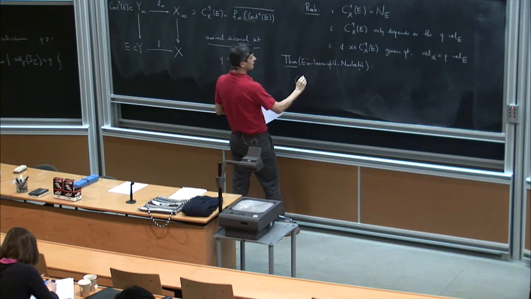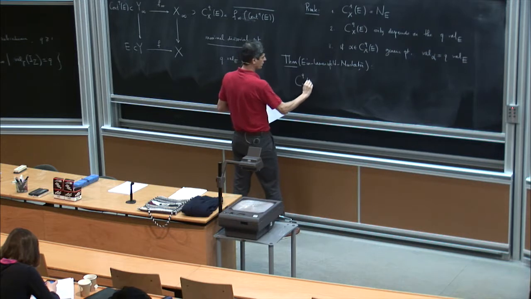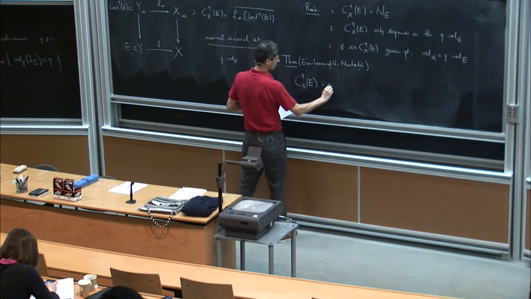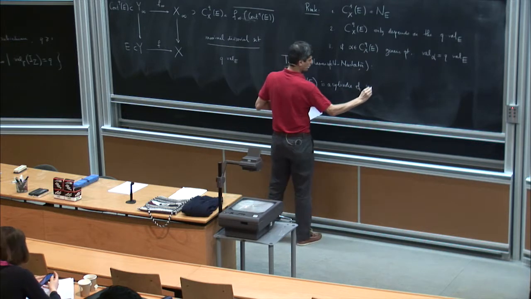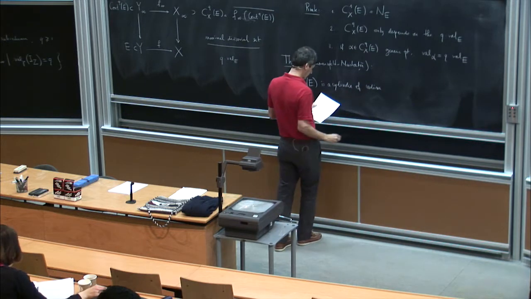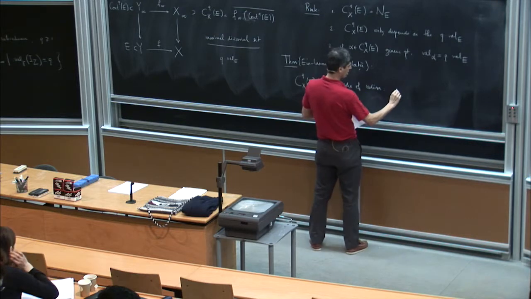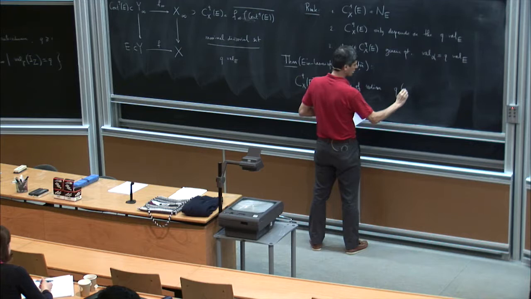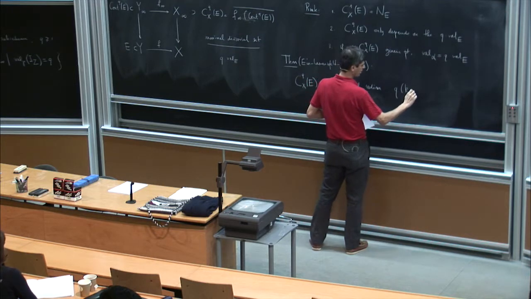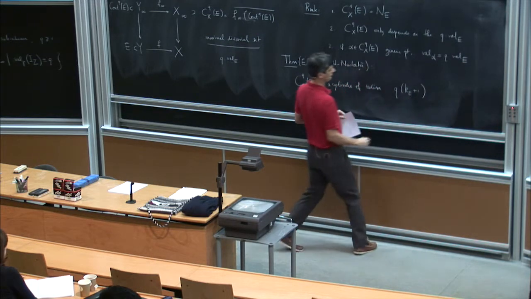This set here, this set C_Q^X(E), is a cylinder of codimension Q times (K_E plus 1).